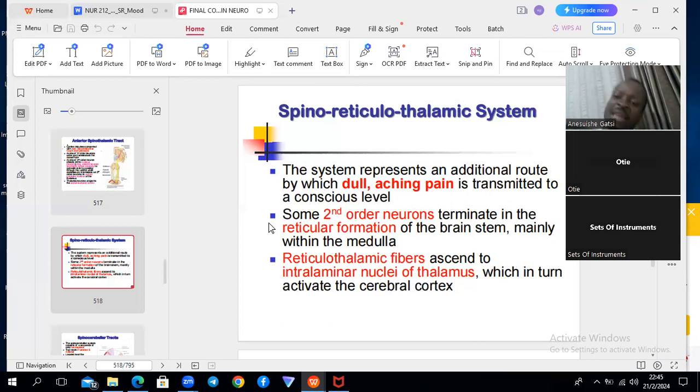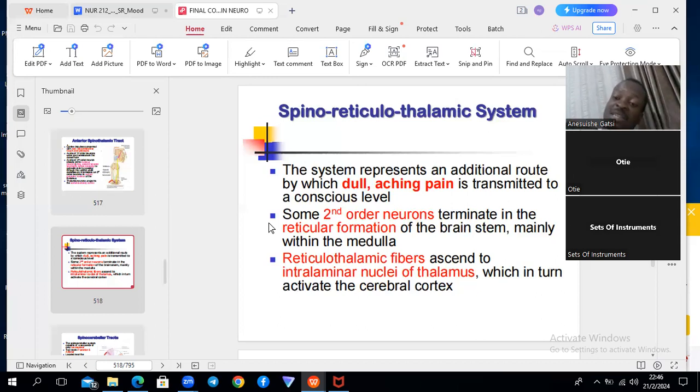Back then they used to think that if you remove someone's brain, they don't perceive pain. And they realized that no, since these fibers first go to, remember I said all sensations go to the thalamus, the thalamus can also perceive the pain. The only problem is it can't localize it to say where the pain is coming from. That's where the cortex comes into play to say, yeah, the pain is on the left leg.